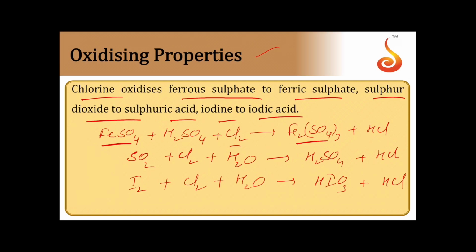So in all the cases Cl2 becomes HCl, meaning it goes to the -1 state, and the others are getting oxidized. These are the oxidizing properties of the chlorine molecule. With this we have come to the end of the 17th group elements.